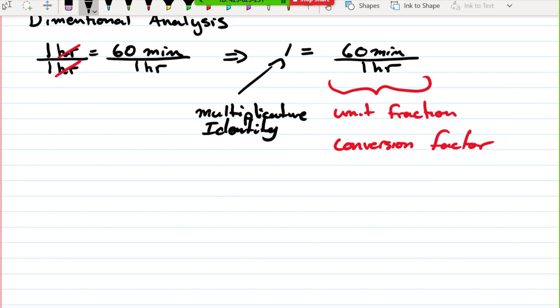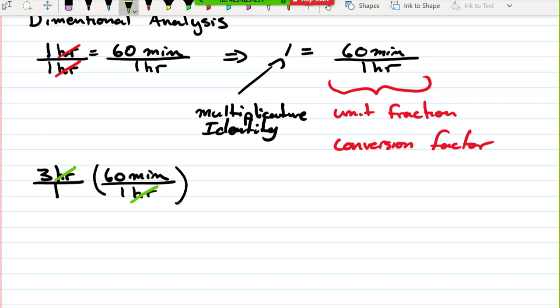So now if we go back to our original question, well, how many minutes are there in 3 hours? If I take 3 hours, I can write it as a fraction, just like anything, by putting it over 1. And if I multiply by my unit fraction, or if I multiply by 1, and multiplying something by 1 doesn't change it, that's the same as multiplying by 60 minutes divided by 1 hour.